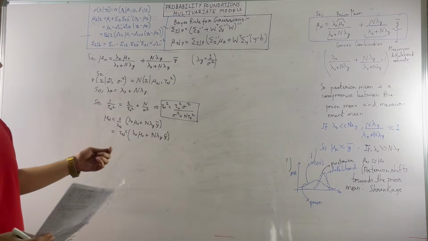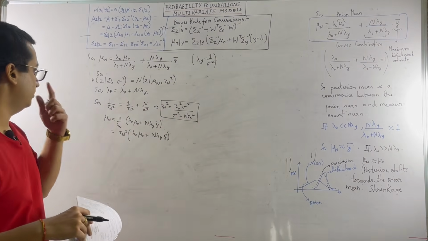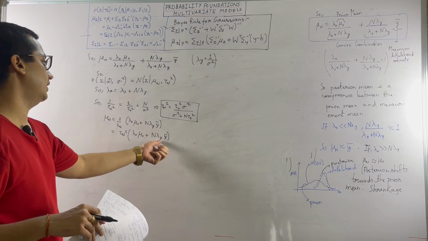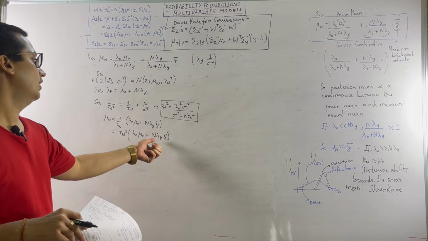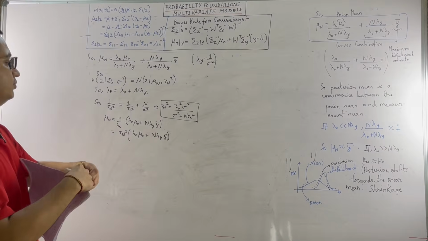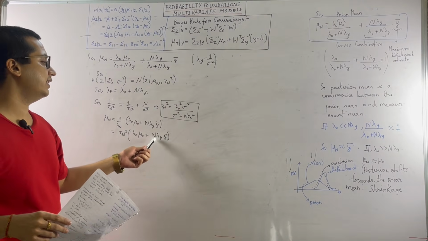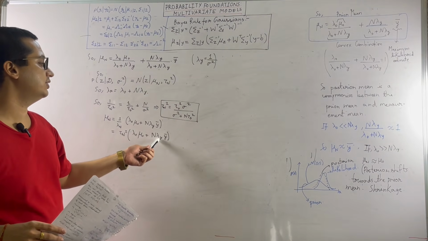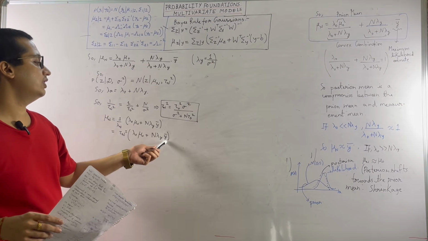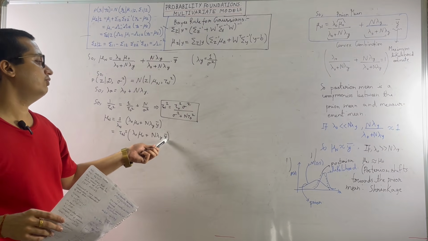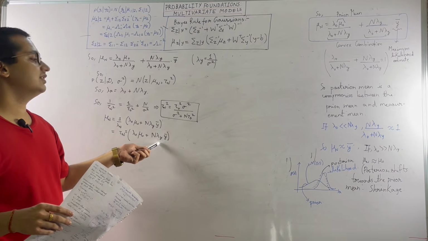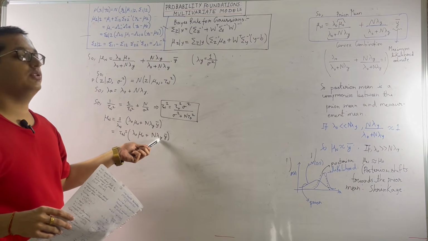Now remember, when you talk about this precision, like lambda y and lambda y bar, you can think of n lambda y bar this way: instead of having n measurements, think of it as one measurement which has value y bar, but its precision is now n lambda y instead of lambda y.